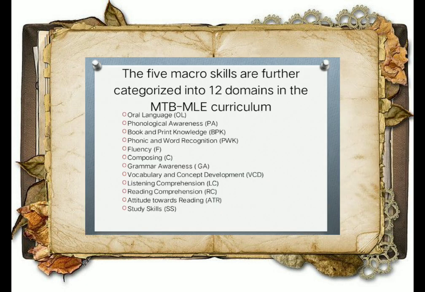So the next thing to do is examine the competencies by determining the target language domain. The 5 macro skills: reading, listening, speaking, writing, and viewing are further categorized into 12 domains in the MTB-MLE curriculum.